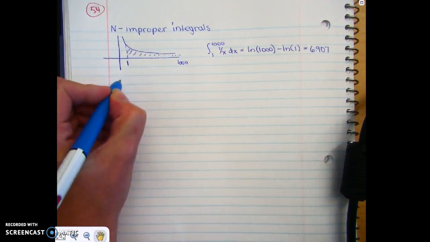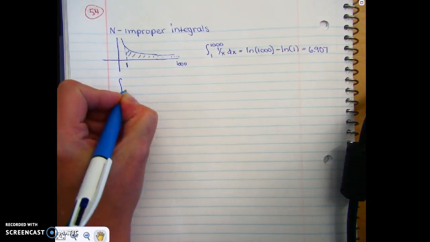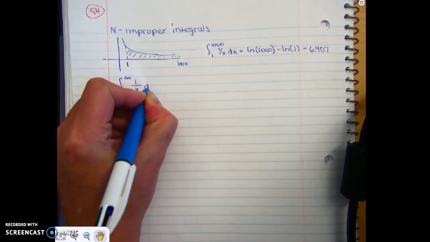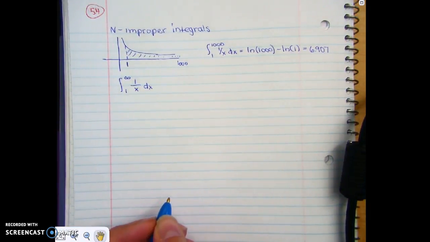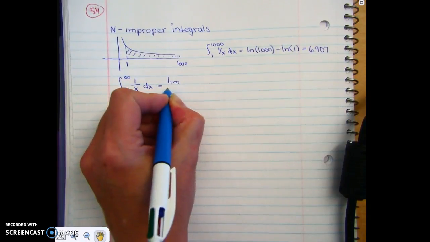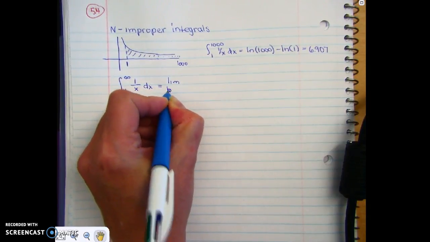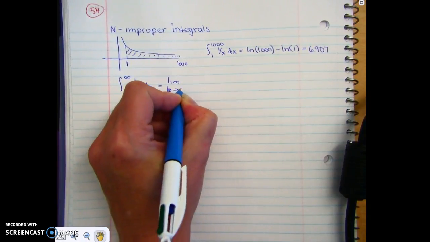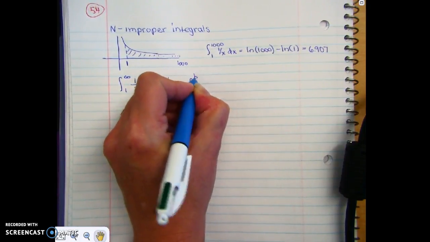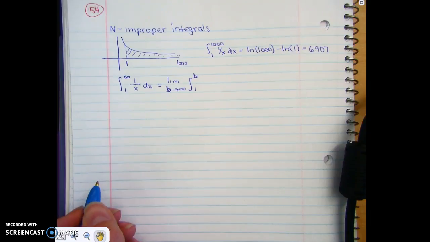So you might think, based on this one little example, that we really need to think about the limit of this. And so I'm going to say the limit as b approaches infinity of the integral from 1 to b. Do you see how I let b go to infinity here?